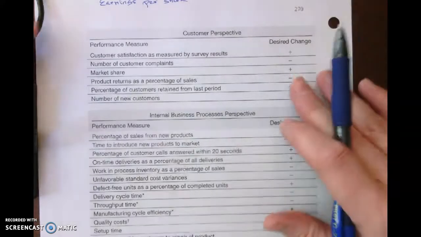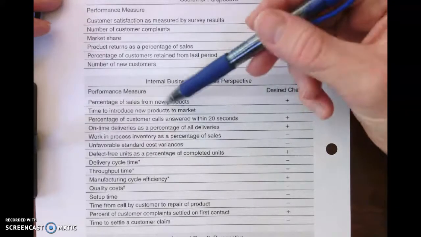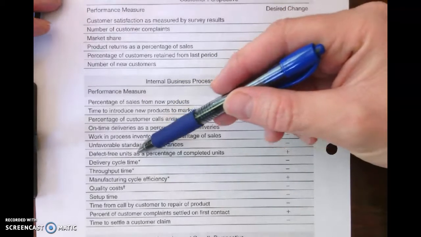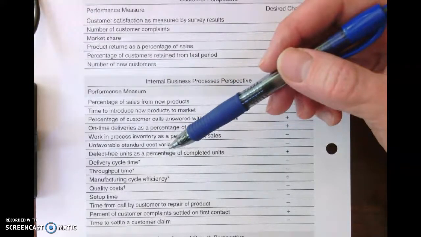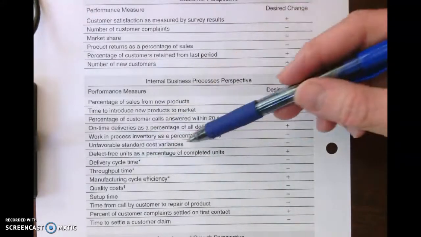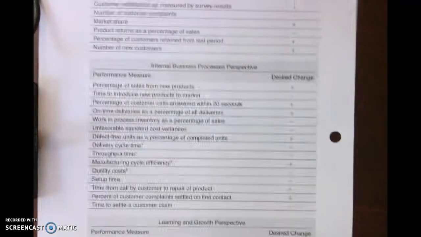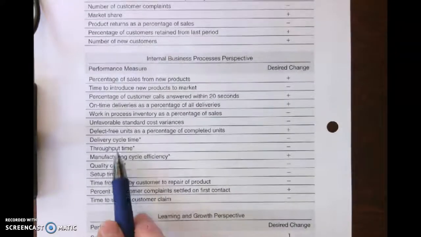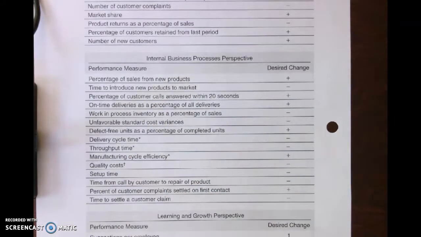Some other measures that we could look at if we're a manufacturing company, for example, are defect-free units as a percentage of our total units, with the thought that we don't want to have very many defects. We could also look at how long it takes us to make new products, the time to introduce new products to market.